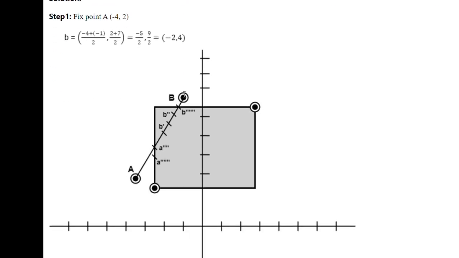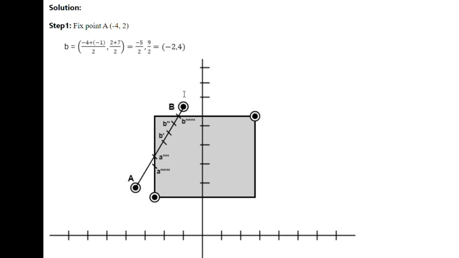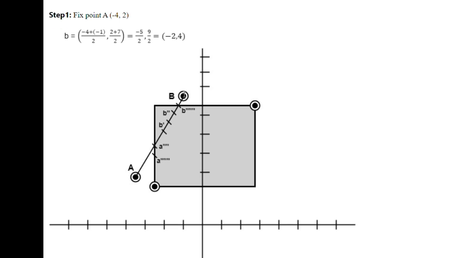So here is the example given for this. Window size is minus 3, 1 to 2, 6. A line AB is given having coordinates A minus 4 comma 2 and B minus 1 comma 7. As the line is visible, find the visible portion of the line using midpoint subdivision.